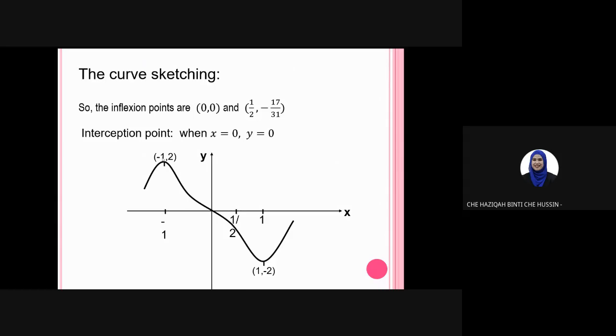This one, the point of negative 1 and 2. This one, 1 over 2. 0, 1 over 2. 1 and negative 2. So for x equal to 0 and 0.